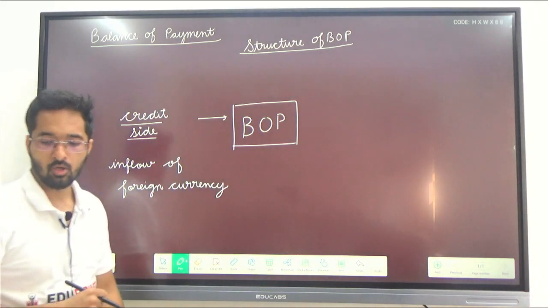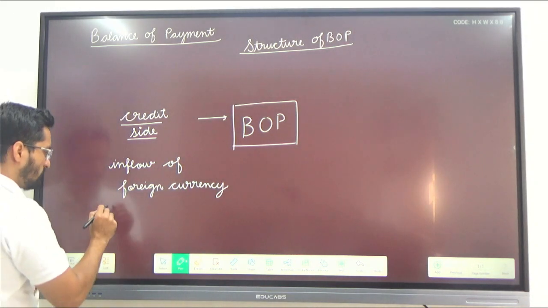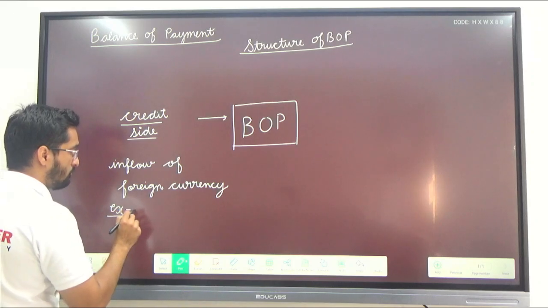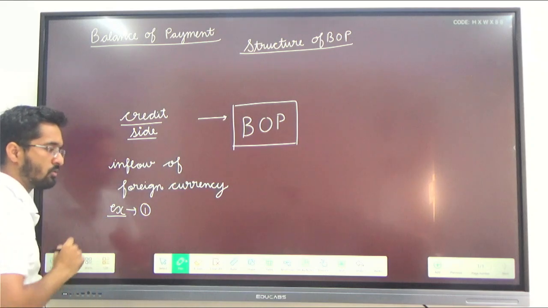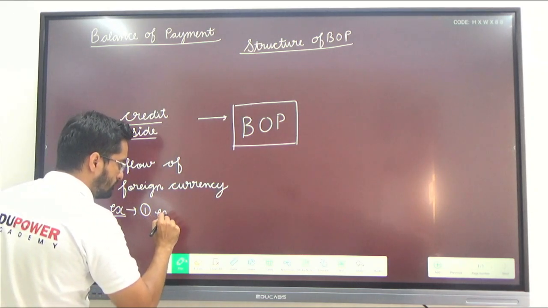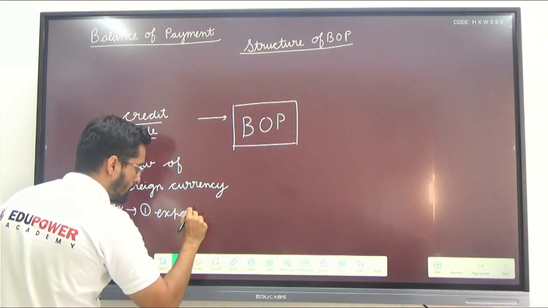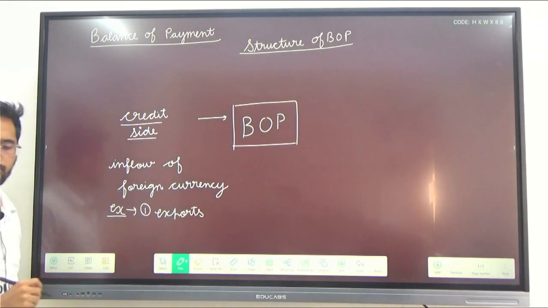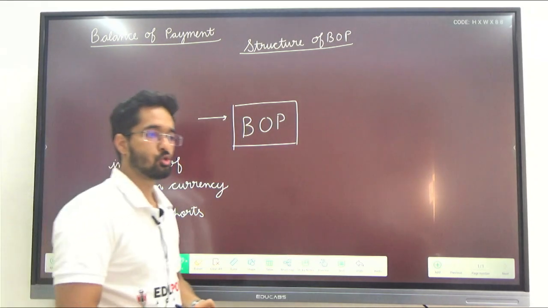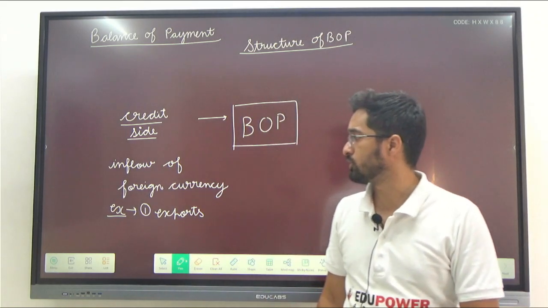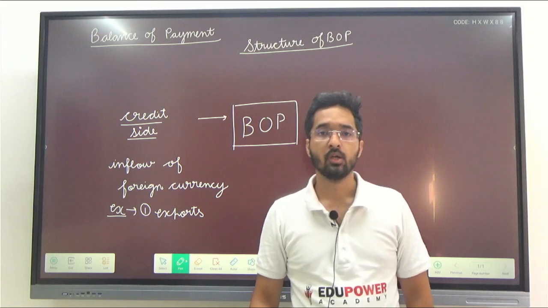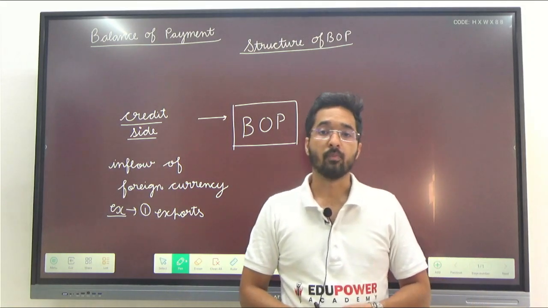Okay. Now, when does inflow of foreign exchange take place? Please note down. First is exports. So what happens when we export? Suppose India is exporting basmati rice.